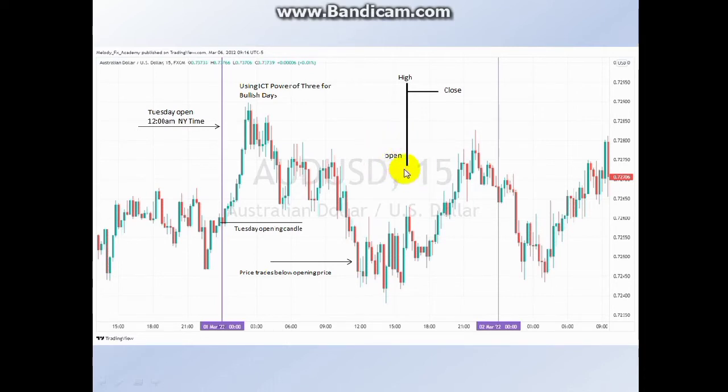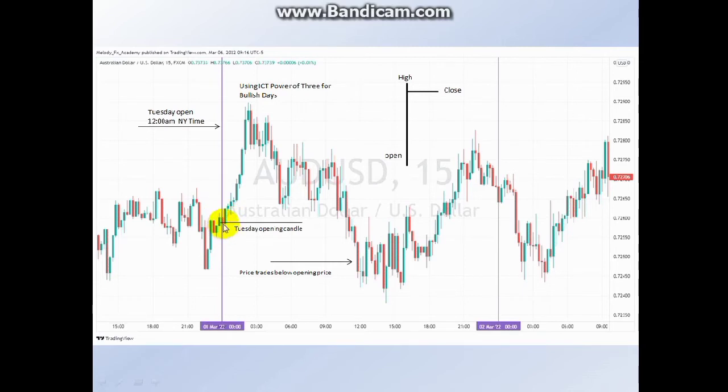For our money trades, between 2 o'clock to 5 o'clock, which is the London session in New York time, we are not looking for entries above the opening candle, the candle that opened at exactly 12 o'clock a.m. on that trading day, which we can see here.